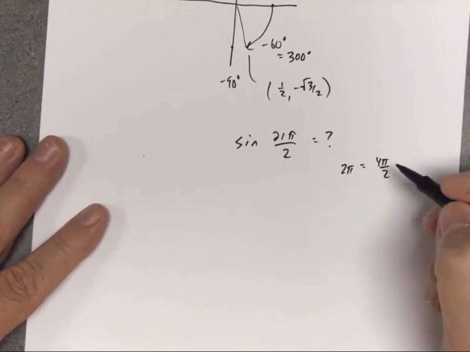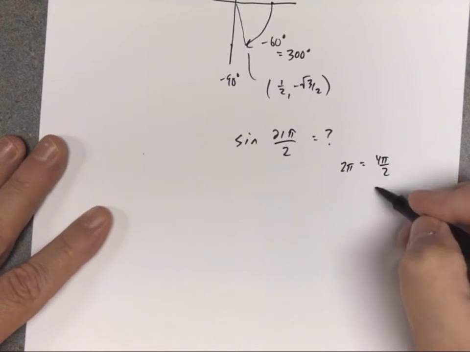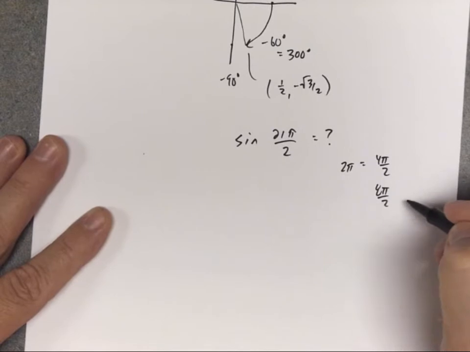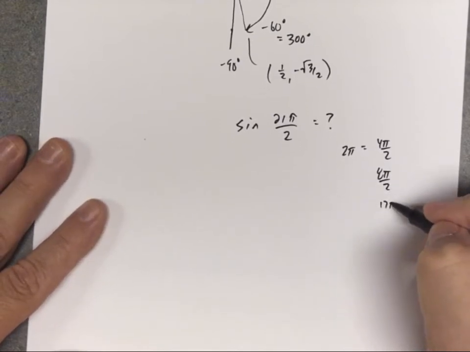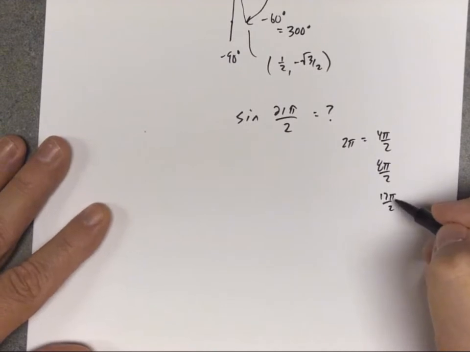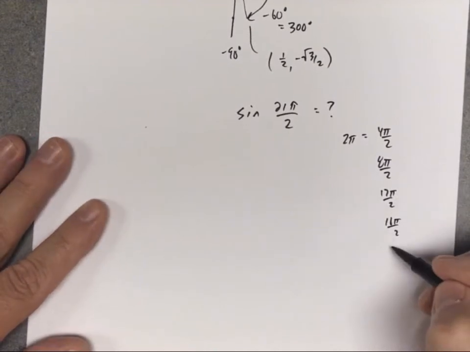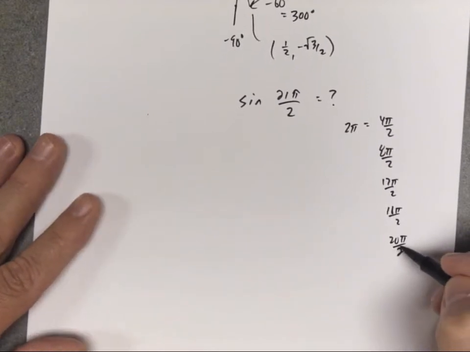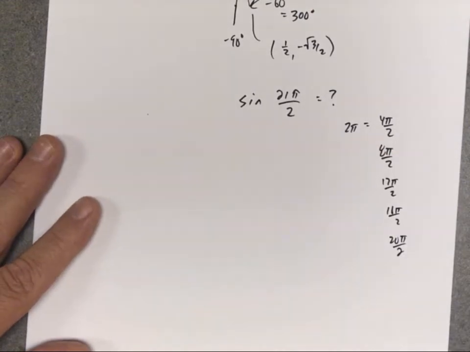So if you think about this one, you got 4 pi over 2. 8 pi over 2 would be 2 trips around. And you keep going. 12 pi, and then 16, and then 20 pi over 2. That's 5 trips around. And then we're finally close to this one.